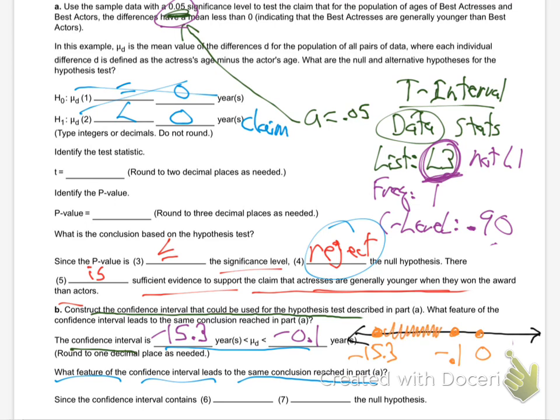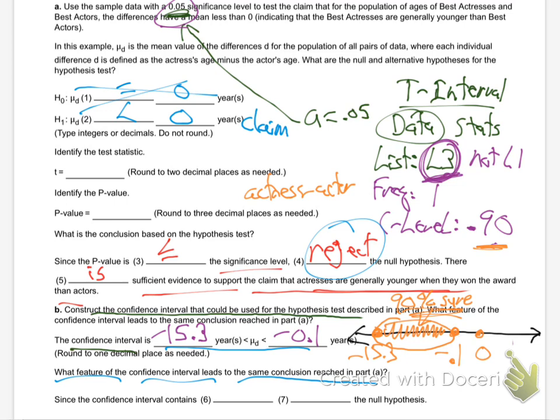We are 90% sure, a 90% confidence interval, that the real difference, if you took all actresses and actors who will ever, from now until the future forever, win the Best Actor, Best Actress award, we are 90% sure that the true difference, actress minus actor, based on our sample data, is somewhere in this zone, which is all negative numbers.